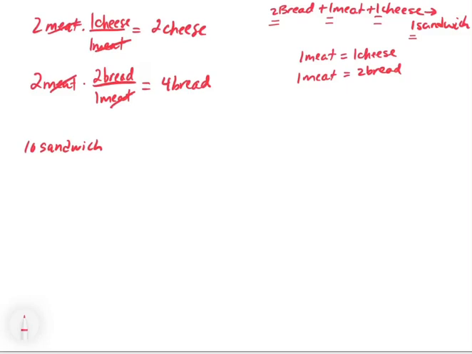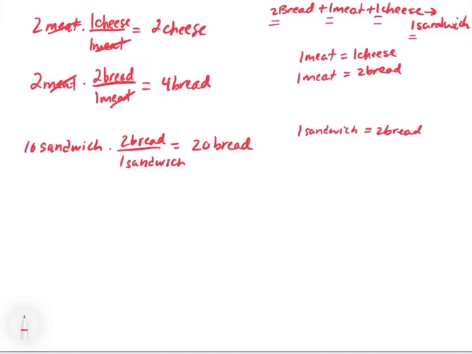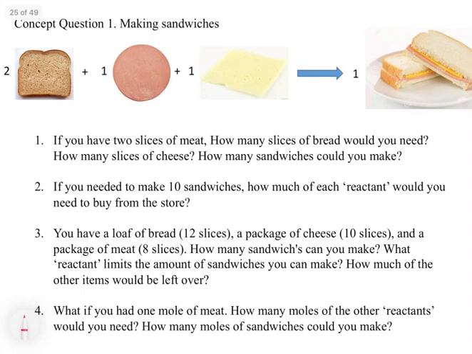We can create a unit conversion where we say for every 1 sandwich, we need 2 bread. So that would give us a total of 20 bread slices. And you could do that for all of them. I'm not going to go through and do it for all of them, but you're starting to see what I'm getting at. These unit conversions that we can create are going to become what we call the mole ratio between the two.